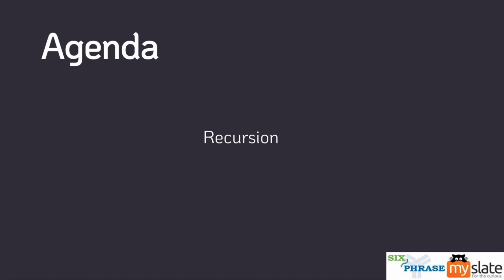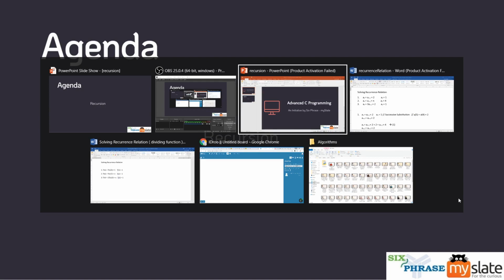So what we are doing now is seeing how to solve recurrence relations, and what are the different kinds of recurrence relations we might get whenever we are solving a problem. Before getting deep into recursion, we are finishing the solving recurrence relation part, and then we will enter into recursion very deeply. So we'll just start from where we left off.